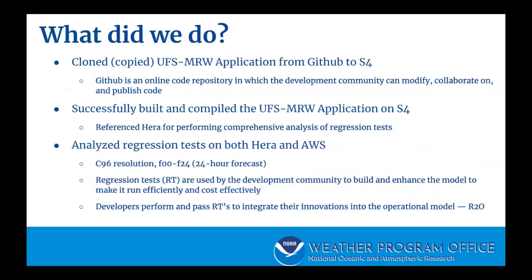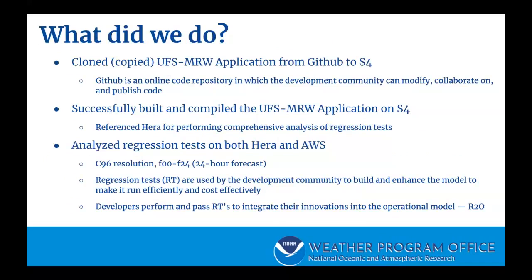And so what exactly do we do? We were able to copy the UFS medium-range weather application onto the S4 system. We were also able to build and compile the UFS on S4. We referenced Hera, which is a sister system, because the UFS had been run on that system before, so we were able to use that as a guide as we went along.